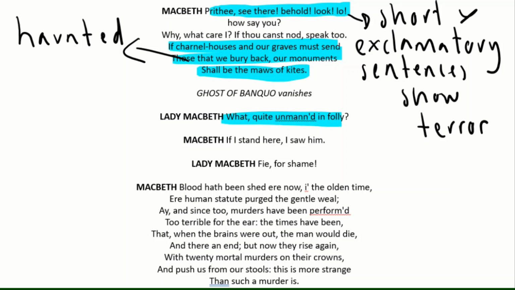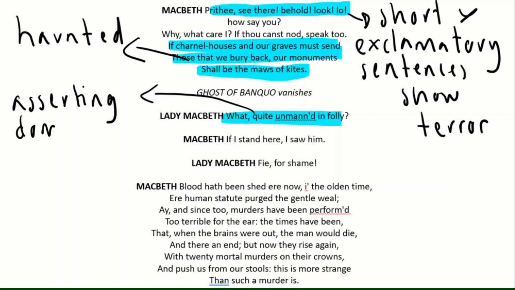And again here, Lady Macbeth is asserting her dominance by questioning his masculinity. Asserting dominance.